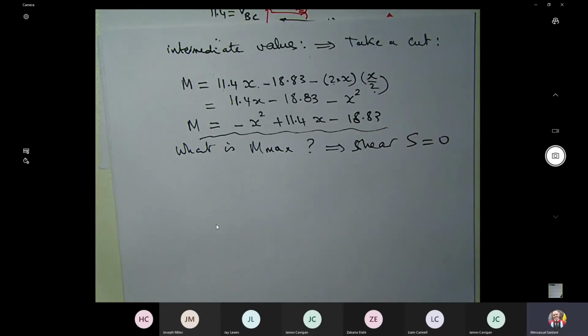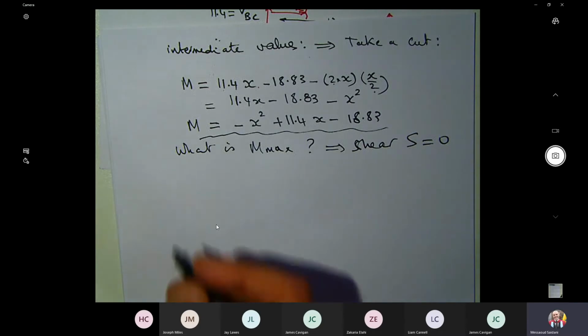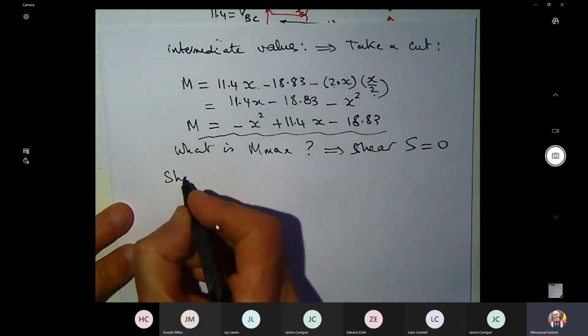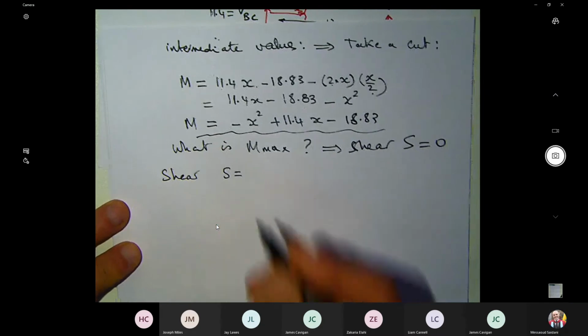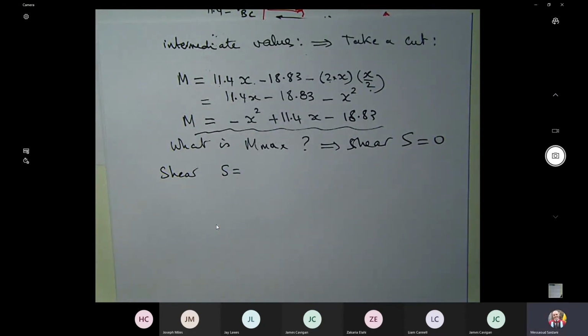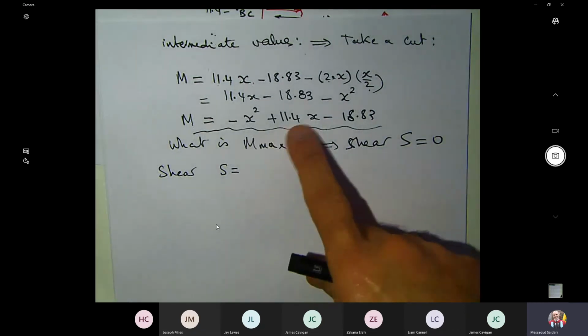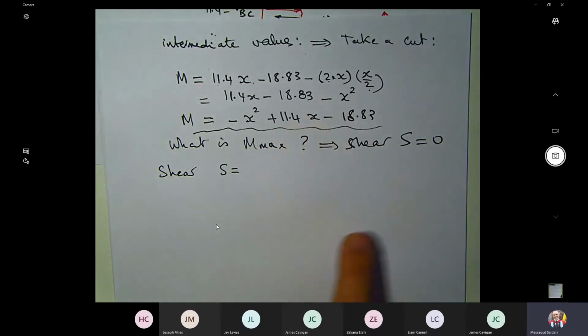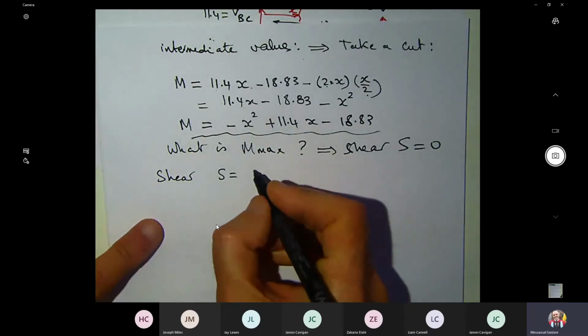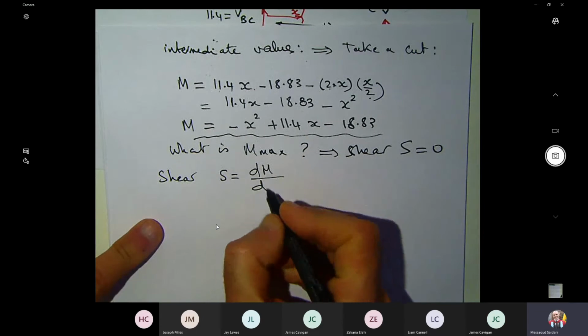What's the relationship between shear and bending? I've just said it. Derivative, isn't it? Yeah, you differentiate. If you know the equation of the bending moment, which we do here, then the shear is actually the derivative of M about x.